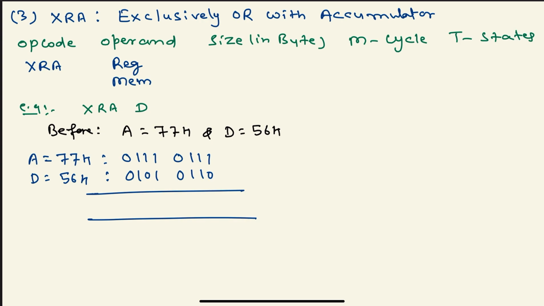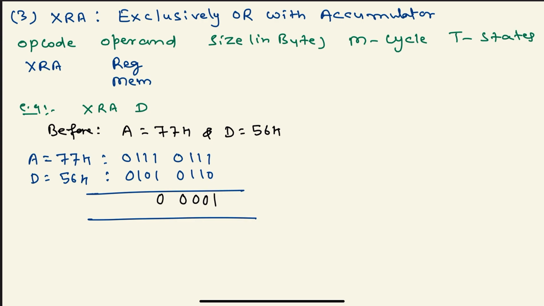So as per that rule, from the first stage, 1 XOR 0, their output will be 1. From the second stage, both inputs are the same, so this will be 0. From the third stage, both inputs are the same, 1 and 1, so this will be 0. From the fourth stage, both inputs are the same, 0 and 0, so their output will be 0. From the fifth stage, both inputs are the same, 1 and 1, so their output will be 0.